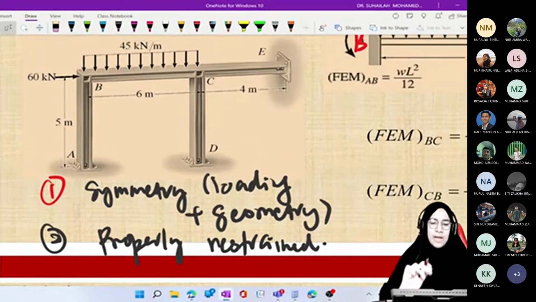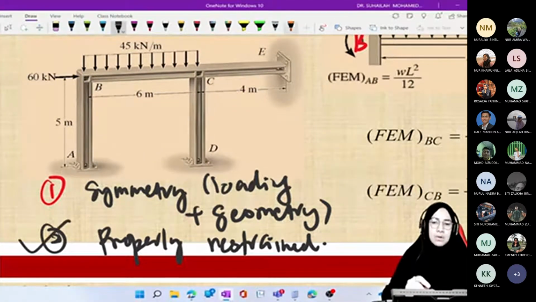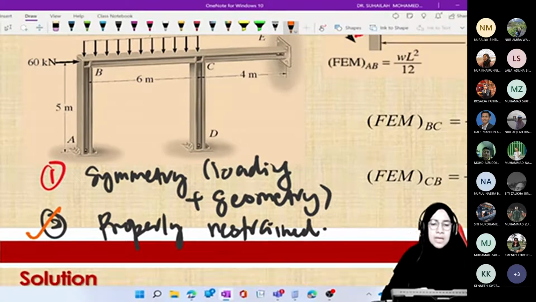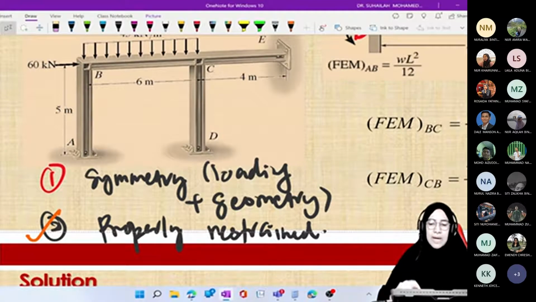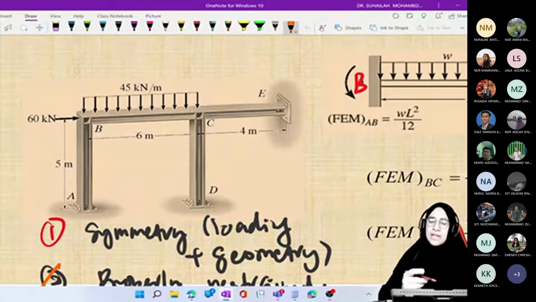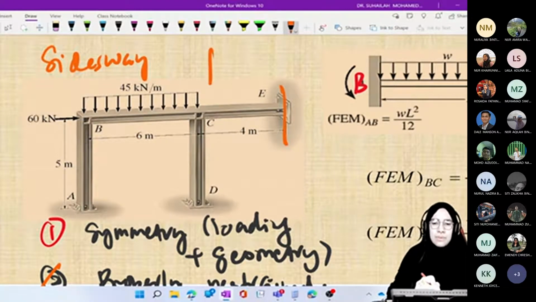This frame is non-sidesway because of condition number 2. It is unsymmetric due to loading and due to geometry, but it is properly restrained. Properly restrained means there is a restraining force, because sidesway means the frame will move to the right direction.